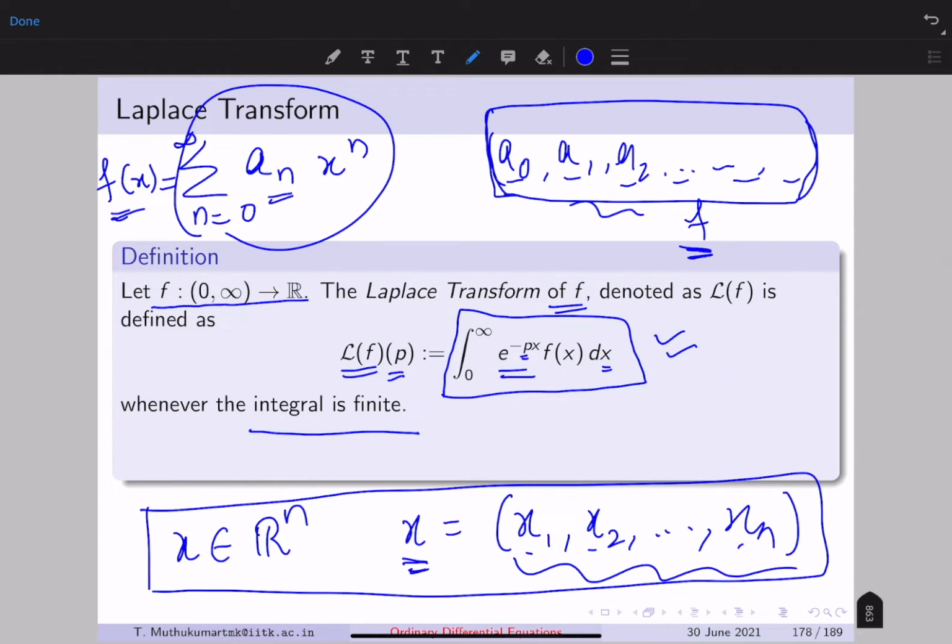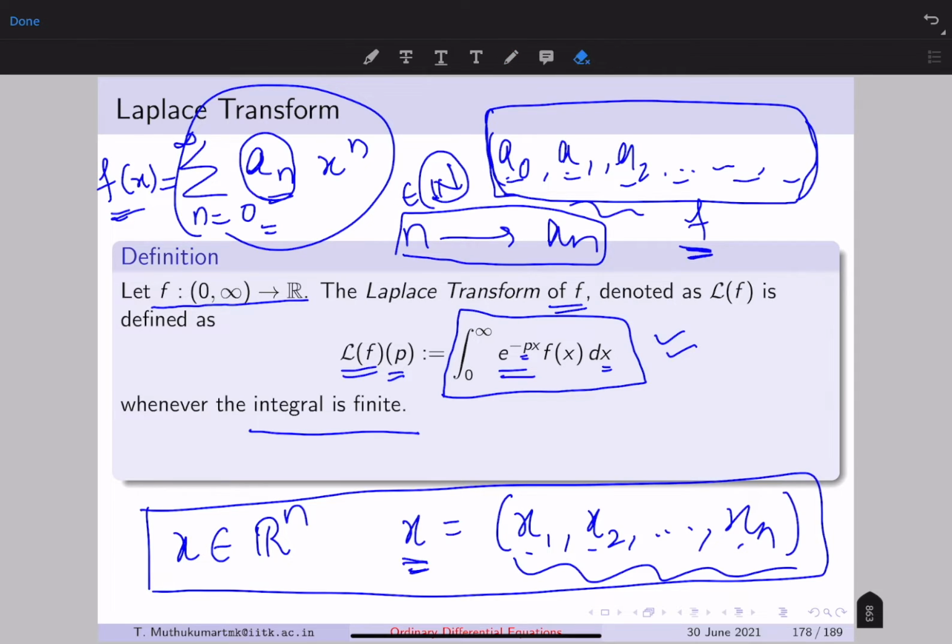Now this power series is a discrete version. Why is it a discrete version? You see, these a0, a1, a2 can be thought of as a function again. This an can be thought of as a function of n, where n comes from the natural numbers. So an is this association, and because this is the natural number set, it is a discrete set, which is why you have the sum here.